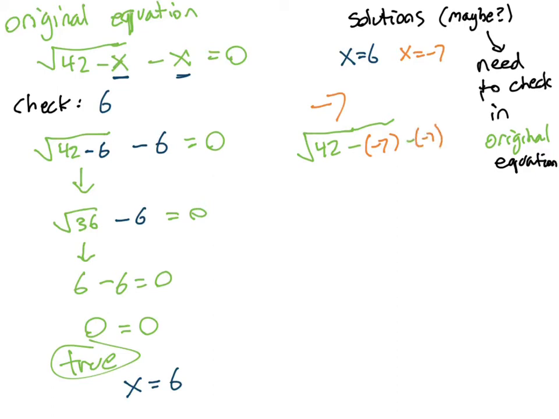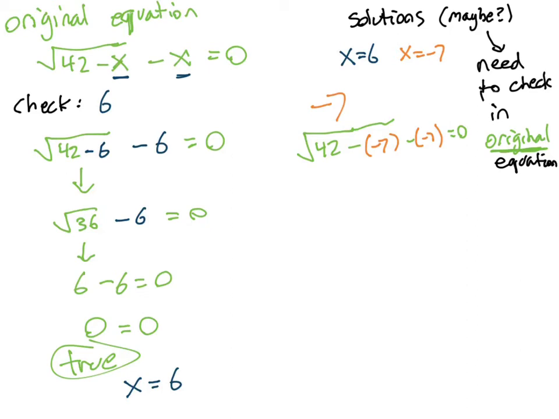And we want to check that this is all equal to 0. Remember, when we're checking these extraneous solutions, we don't want to move anything around in the equation or do things to both sides, because that's what could possibly create an extraneous solution. What we want to do when we check is leave the equation as it was written originally and just simplify each side separately.